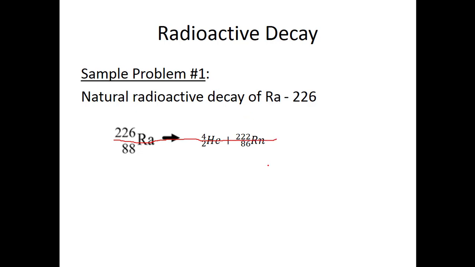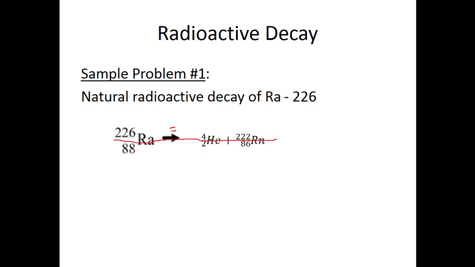We don't know that Rn was the product, but looking at this, we know that Ra has a mass of 226. And if we're already at 4, what number do we have to add to get to 226? It would be 222. So we know the product is going to have a mass of 222. Figuring out what the element's identity is relies on the atomic number.